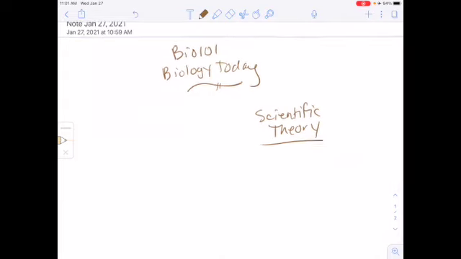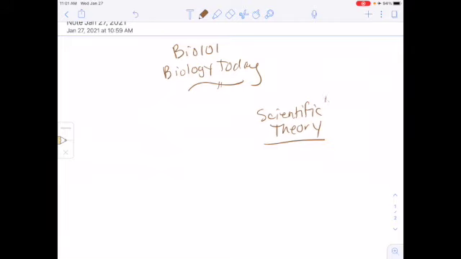Okay. So in science, we have these things called scientific theories, a scientific theory. Stuff like the theory of evolution, atomic theory, germ theory, stuff like that. But we also have these things called scientific laws.